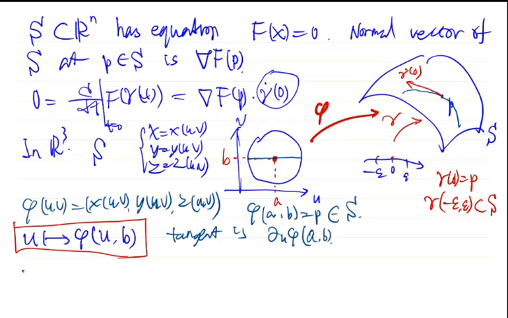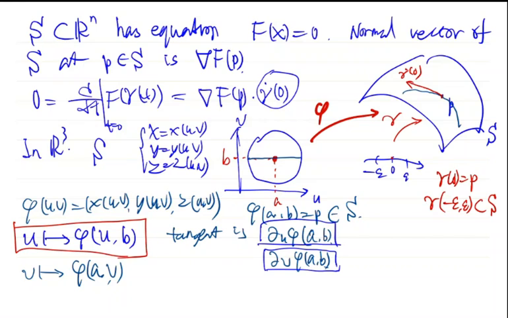Similarly, we consider another map sending v to phi(a,v). Then the tangent vector of this map is the partial derivative of phi with respect to v at (a,b). So these two vectors are tangent vectors of transversal curves passing through P on the surface. This one is d_v phi, and this one is d_u phi.